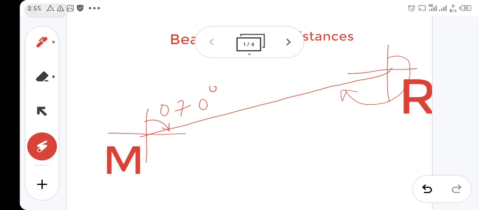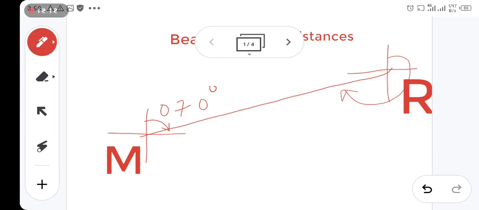Now how do we get the angle from the South Pole to this line? Now remember that these cardinal points are parallel to each other, and this angle is alternate to this. So it means that here we have 70 degrees. So from the south to this line joining M and R is 70 degrees.